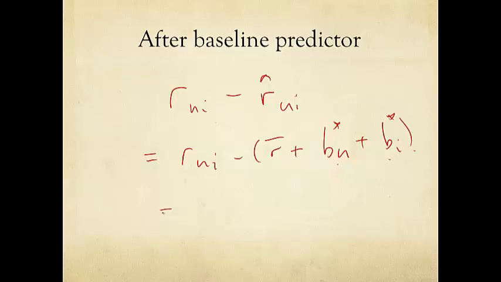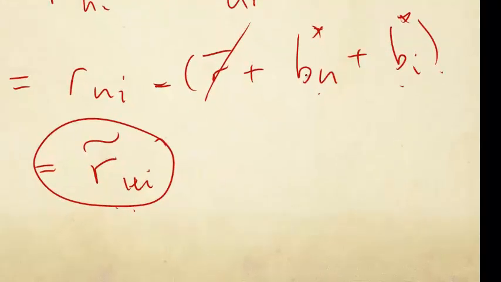And we call this difference a shifted R, called R2D UI, just a shorthand notation. In other words, we have removed in this R hat R2D UI the impact of the average and the impact of the per user bias and per movie bias.